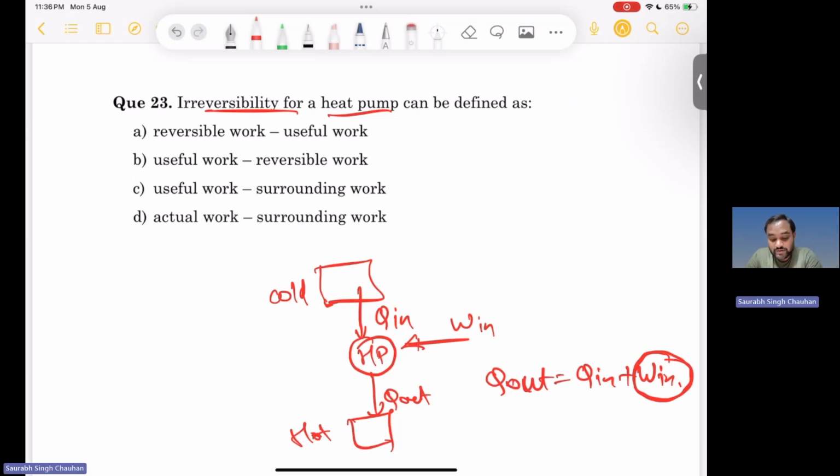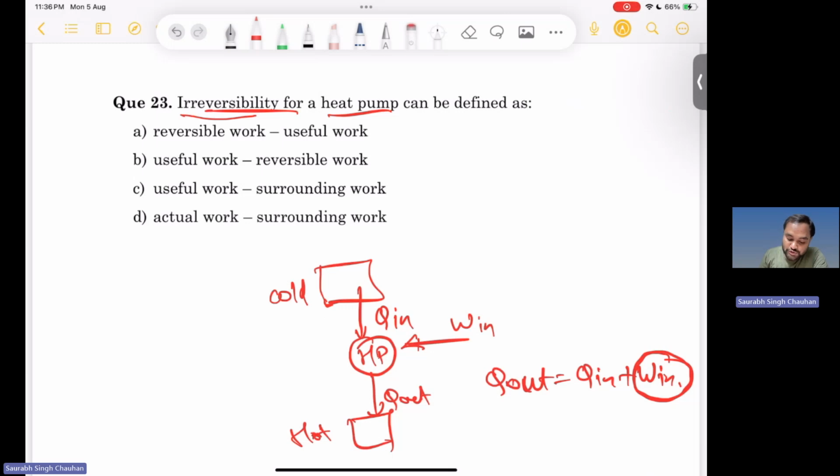If everything was perfectly reversible, then we will call this work the reversible work. But if there is some irreversibility involved, then the work will be more. We will have to put in more work, right? Then we have to tell how much irreversibility is involved, which means how much extra work we are putting in.